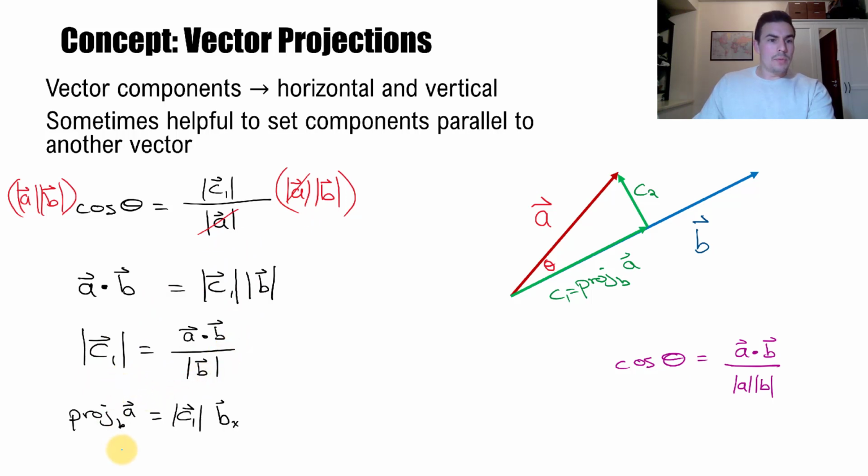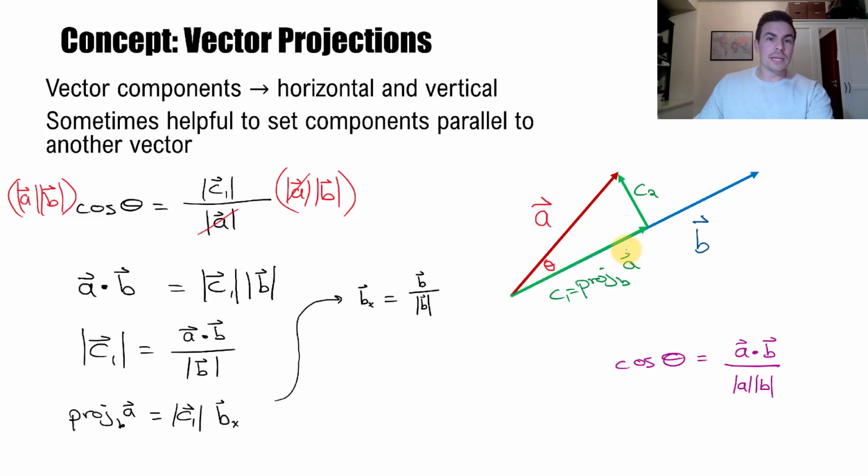Now, I am going to say that the projection of A onto B, that is equal to the magnitude of C1, okay, the magnitude of C1, this component right here, the magnitude of this component, times vector B hat. Now don't get confused because this says x here. All I'm saying is that B hat is going to be the unit vector of B, okay?